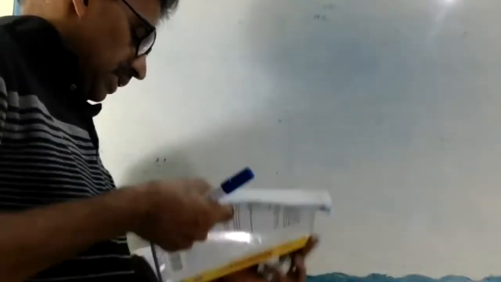Okay, getting now. The sides are what? Not getting? I'll just show here. What are the sides? 60. Look at here.